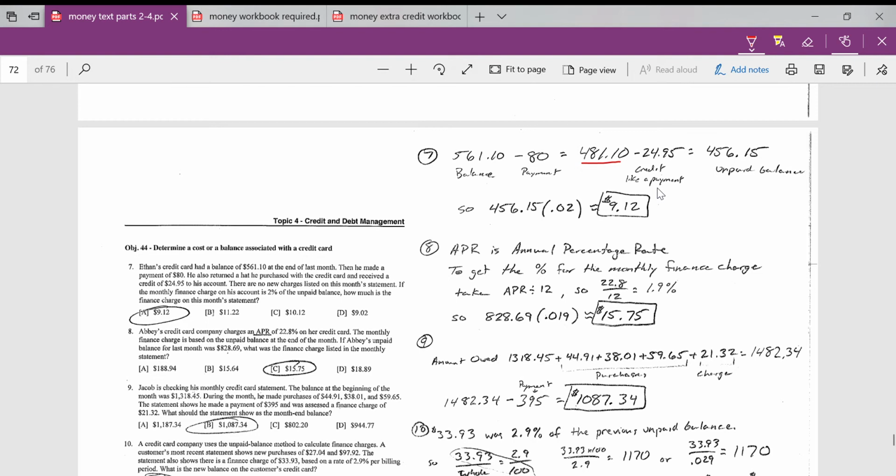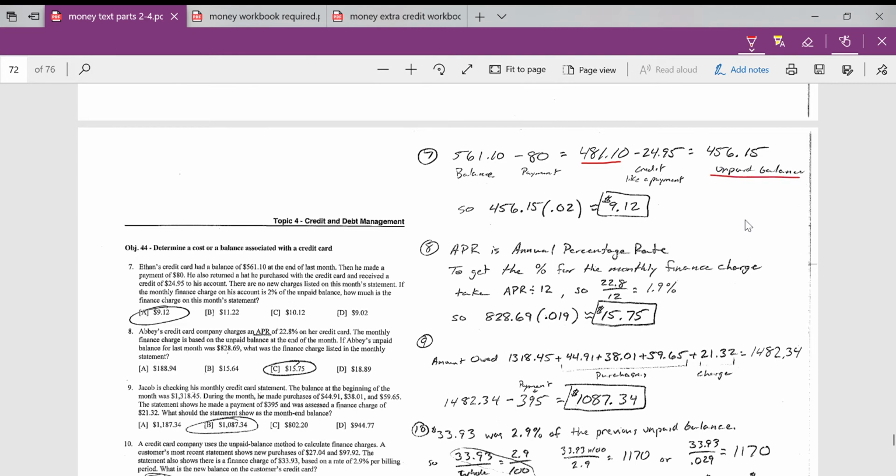He doesn't owe that much anymore. So he did owe $481.10. Now they put that much back on his card, so that means he owes $24.95 less. Okay, so when you subtract that, here is the unpaid balance.